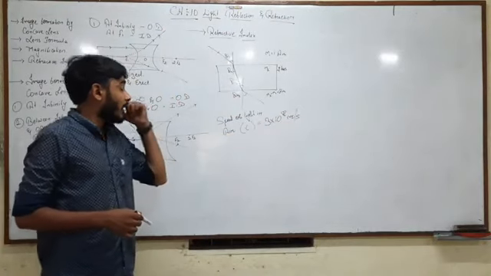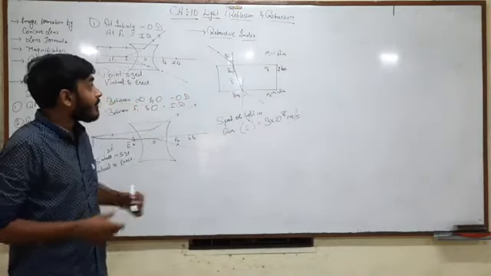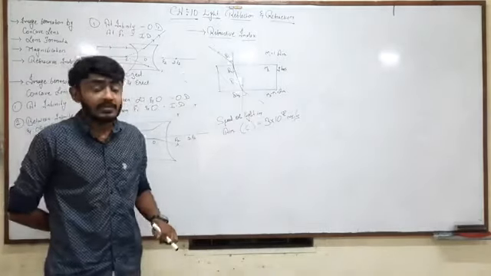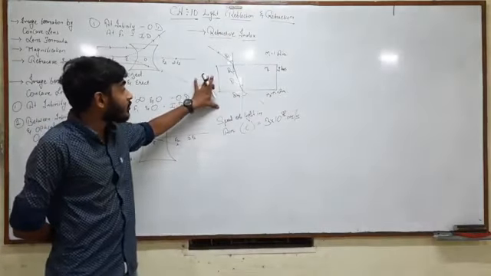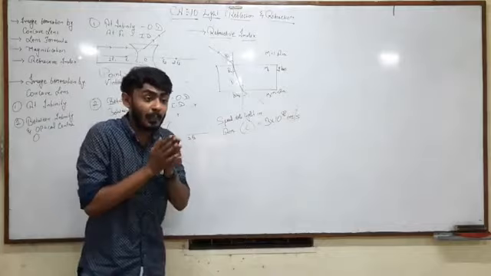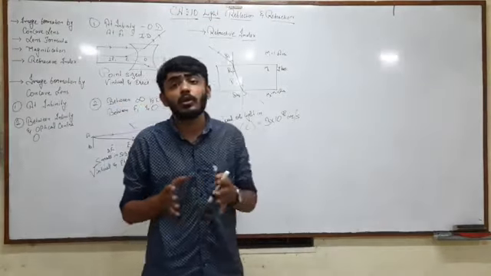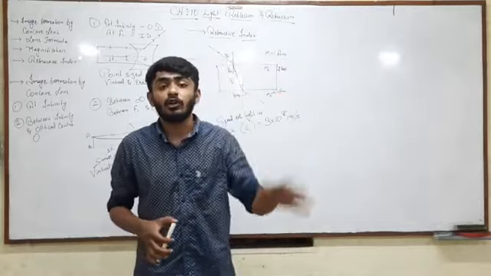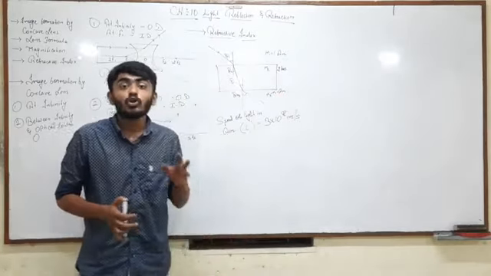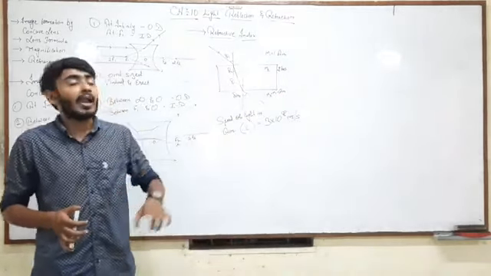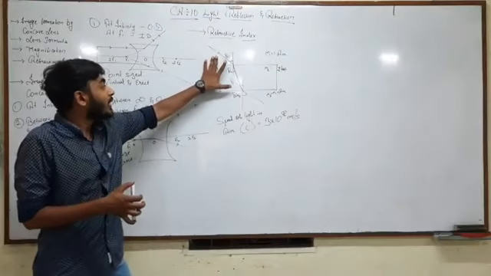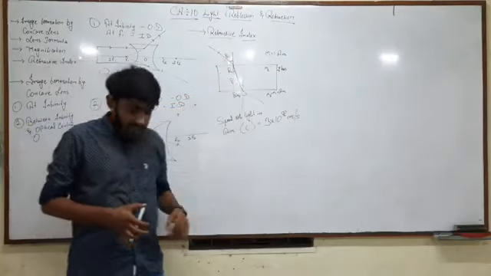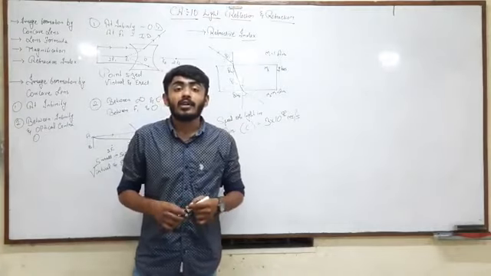Okay students, so now what happens? This is your refractive index. So what is refractive index? Whenever the light passes from one transparent medium to another transparent medium, it bends and the speed of the light also changes. So the ratio of speed of light in medium 1 with respect to medium 2 is known as refractive index.